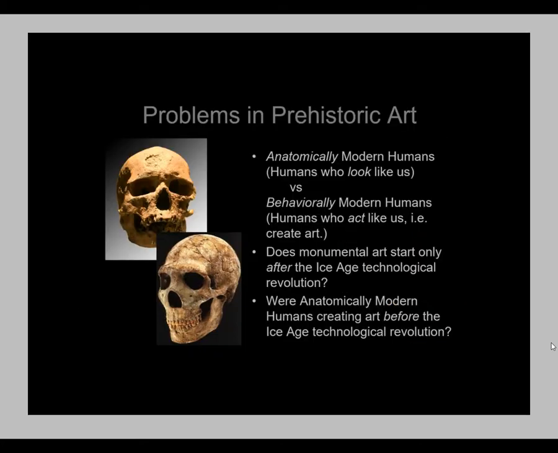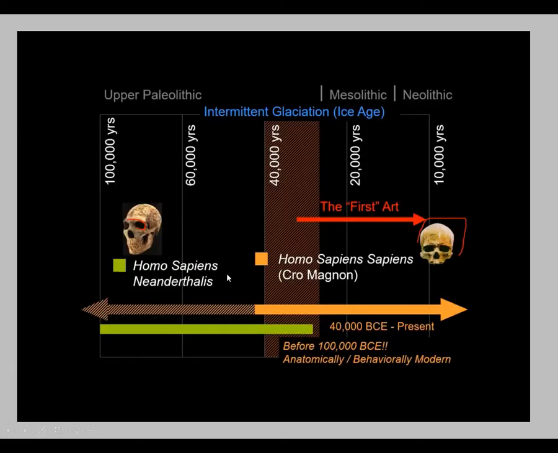All right, but the problem in prehistoric art is that if we keep pushing this back, this time period of it, when did man recognize art or craft art? Can we say that there was probably art before this Ice Age technology, which we're going to consider about this time?